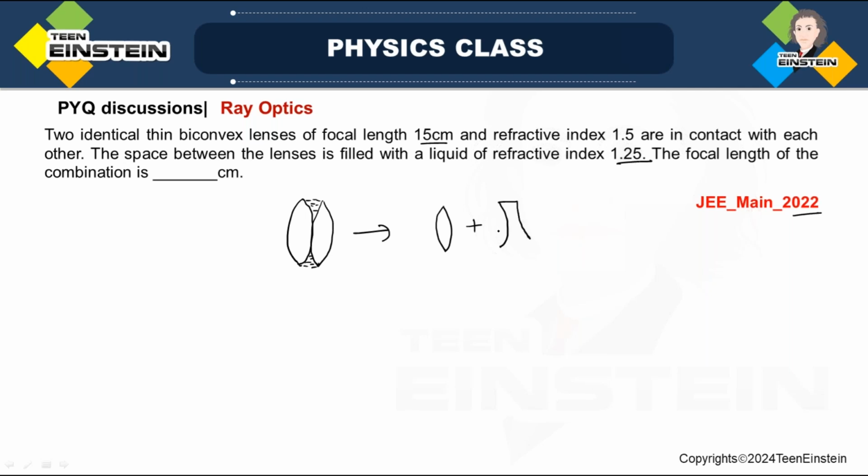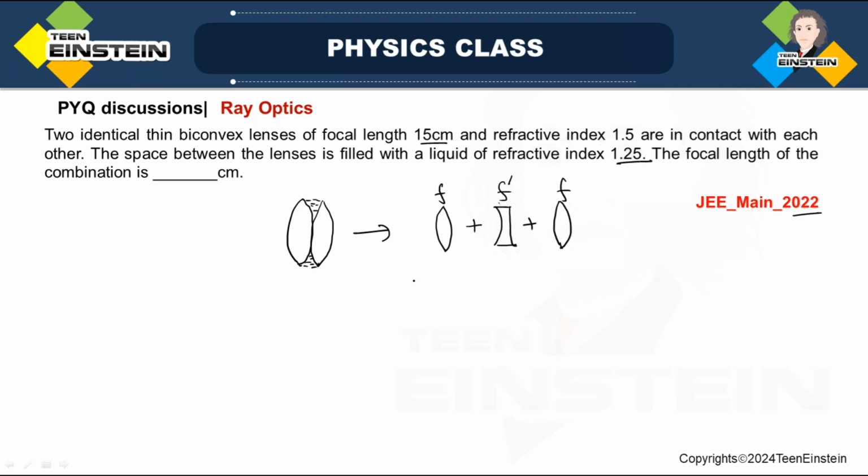So this lens is made of the liquid itself. The refractive index of the material will be 1.25 for this lens, plus another lens. So these three are in contact. The focal length of this is, suppose, f. So this is also f. I have to find out what this f prime is.